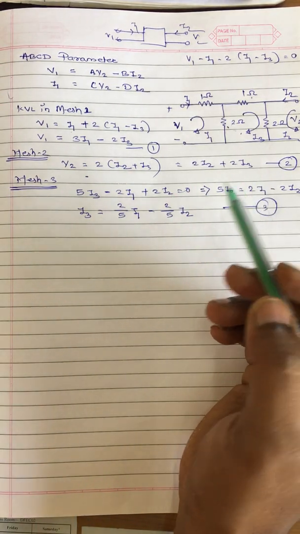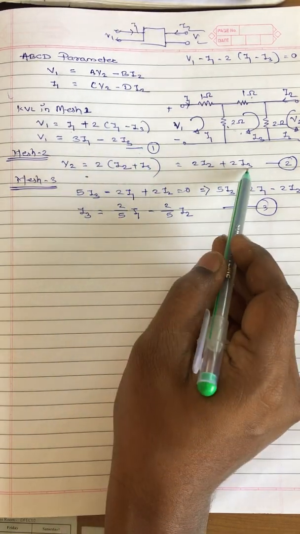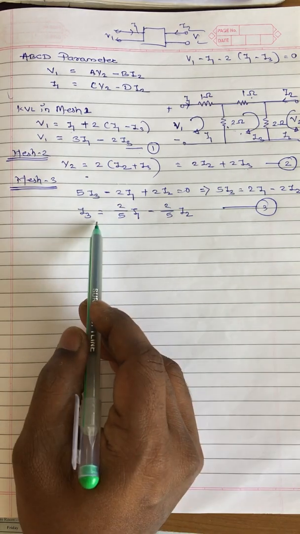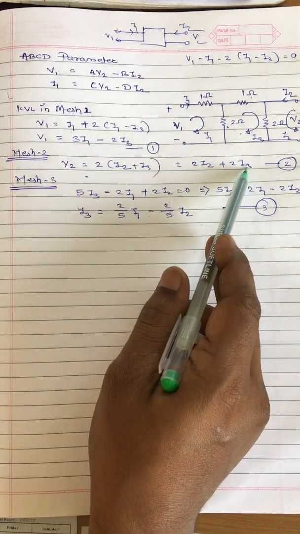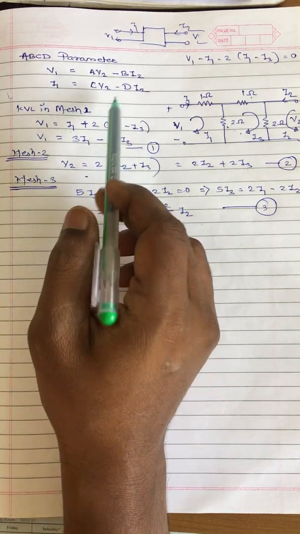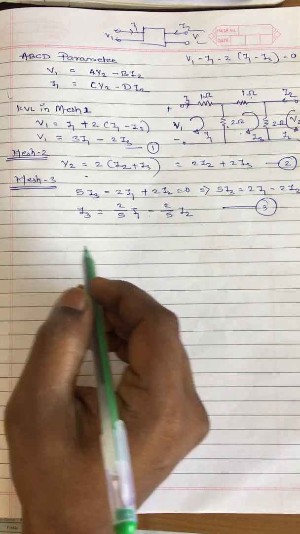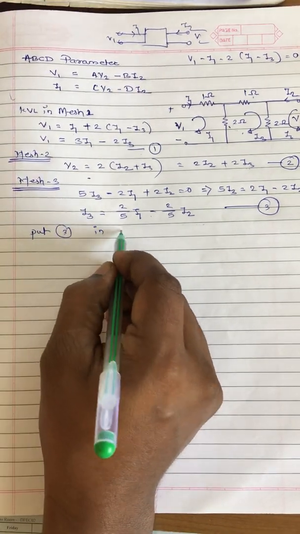I3 or V3 is not in the picture. In the first two equations there is I3, and we need to eliminate this I3 on priority, so we derived the equation in terms of I3. Now we will put this I3 in both equations so that they are at least in the form of V1, V2, I1, I2. Then we will rearrange. So I will put 3 in 1.